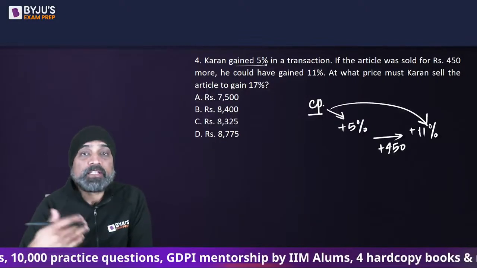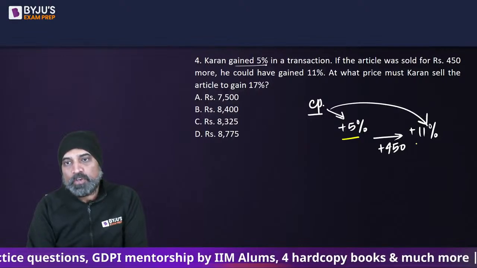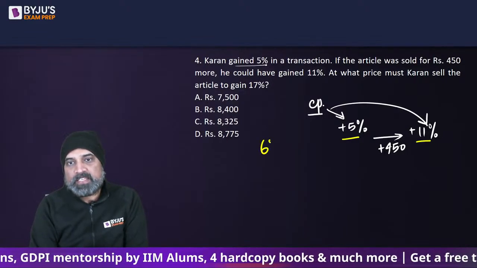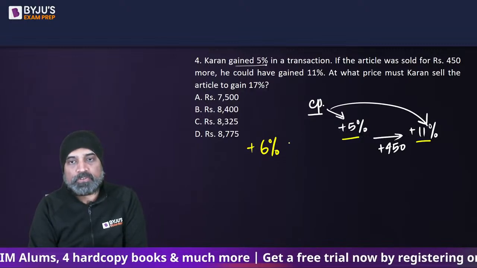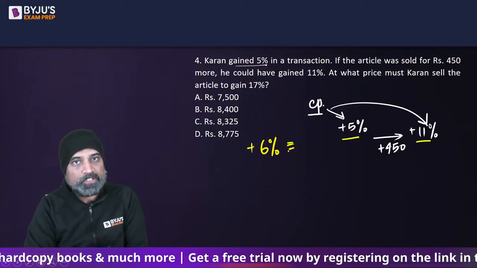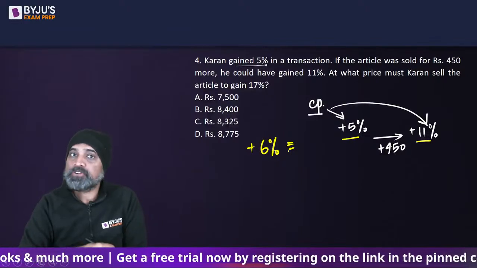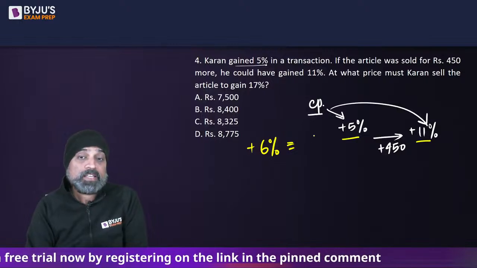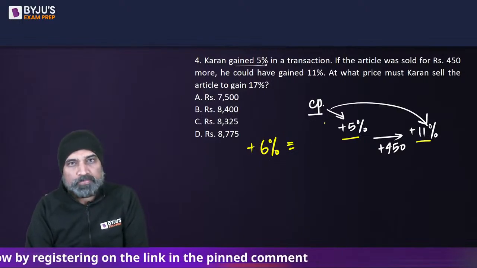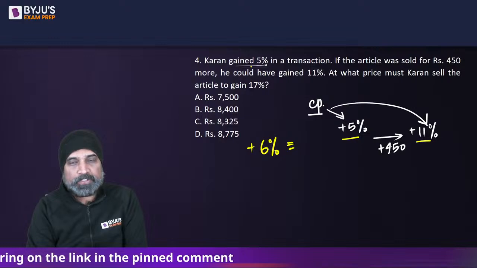Gain means increase. So if you look at these two percentages, can we say that change of 6% of cost price, of course, because profit is calculated on cost price, loss is calculated on cost price, markup percentage is calculated on cost price. So here we're talking about profit, right? Gain is another word for profit.